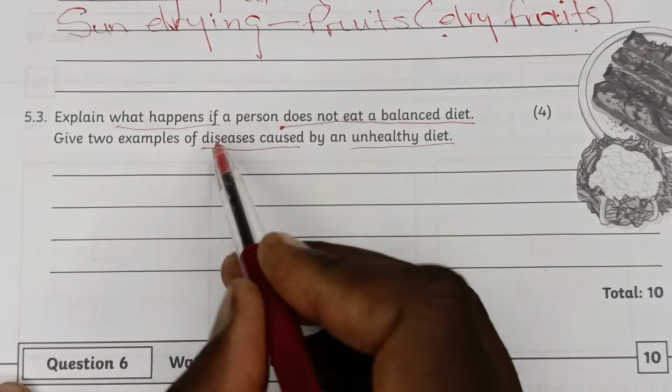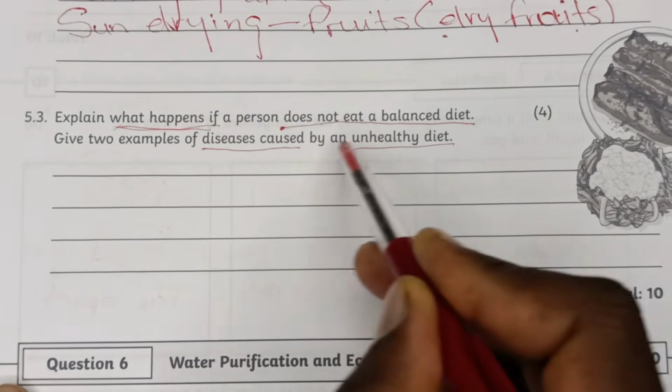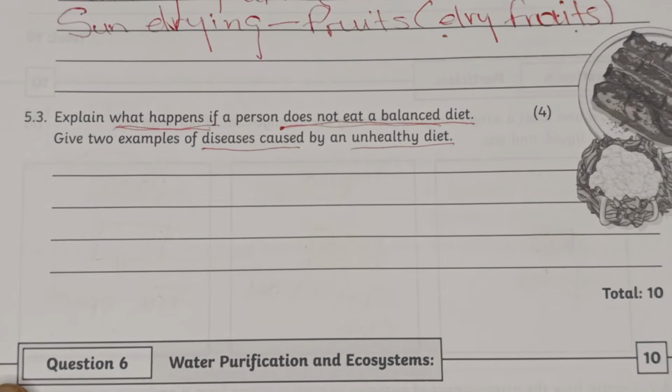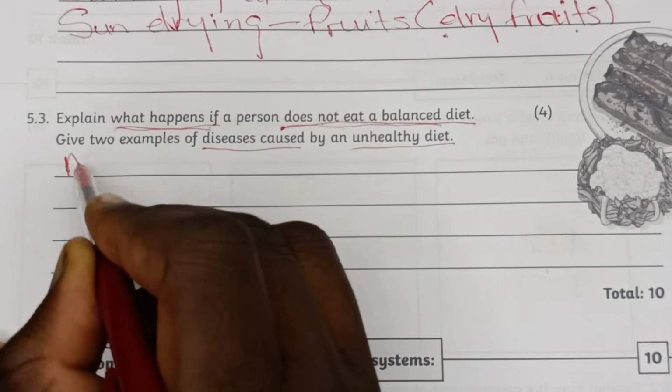First they want to know what happens if you do not eat a balanced diet. Can you think of one thing that can happen? Number 1, if a person does not eat a balanced diet, they may become malnourished.